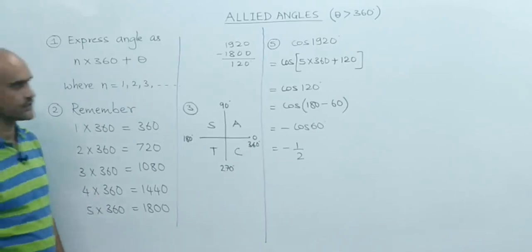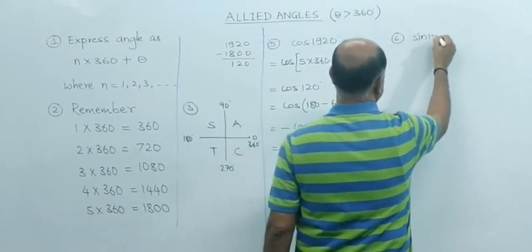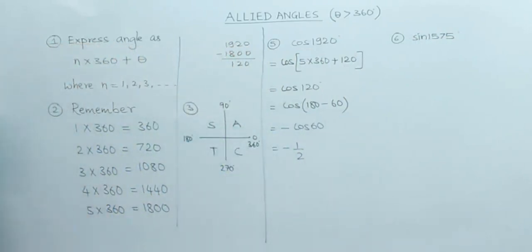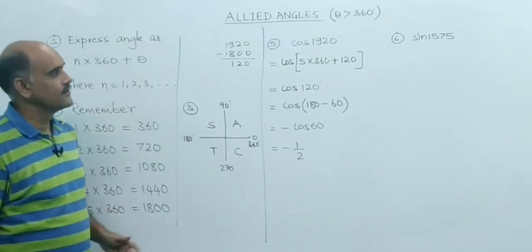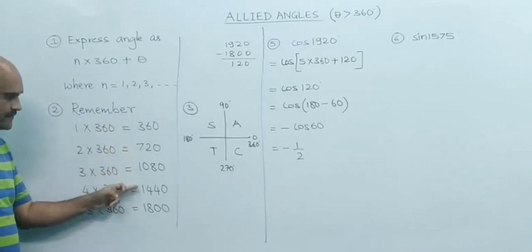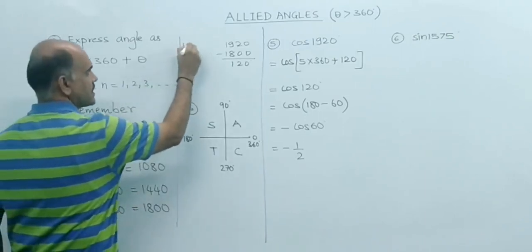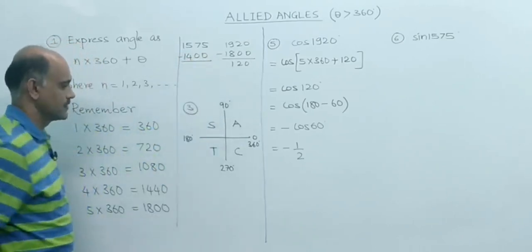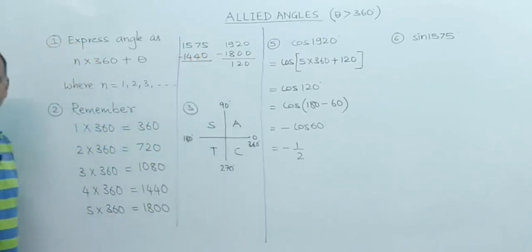Similarly, next one. Sixth, sin 1575. Now again observe the angle. 1575 is greater than 1440. How much greater it is you can check: 1575 minus 1440.